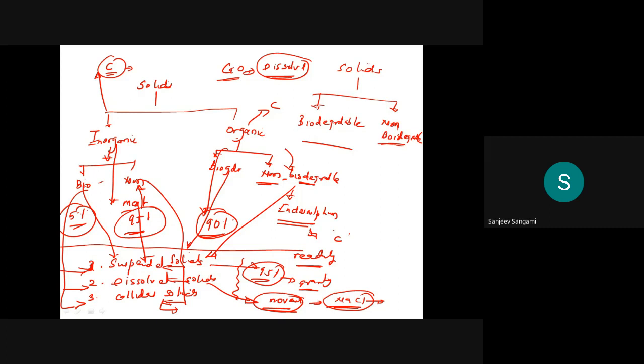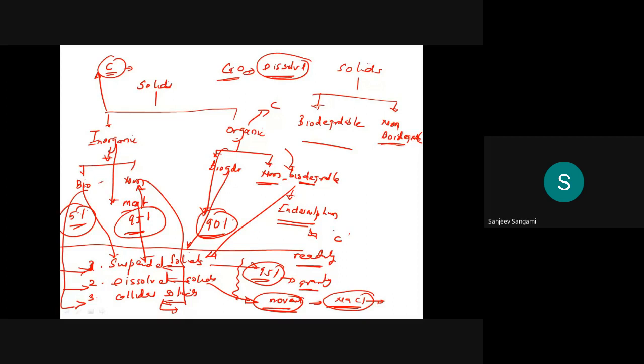Even if you take chalk powder and put it in water, a small quantity, you can see the color of the water will be white, completely like milk color. If you dissolve chalk powder in water, it slowly turns milk color.